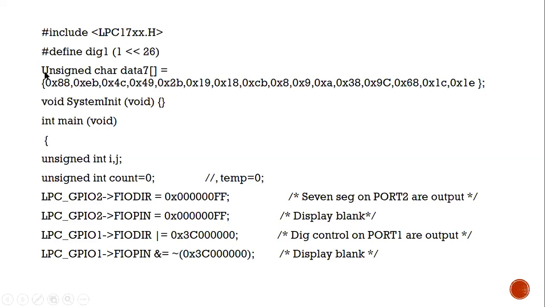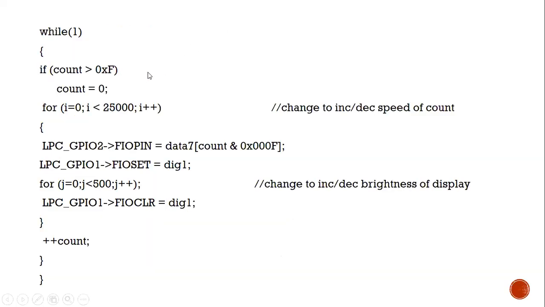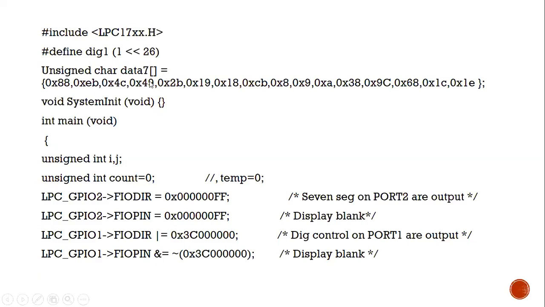Yes, here I am going to define an array. Be careful, understand this step. I am going to define an array called data7. The square bracket indicates an array. What type of array is it?